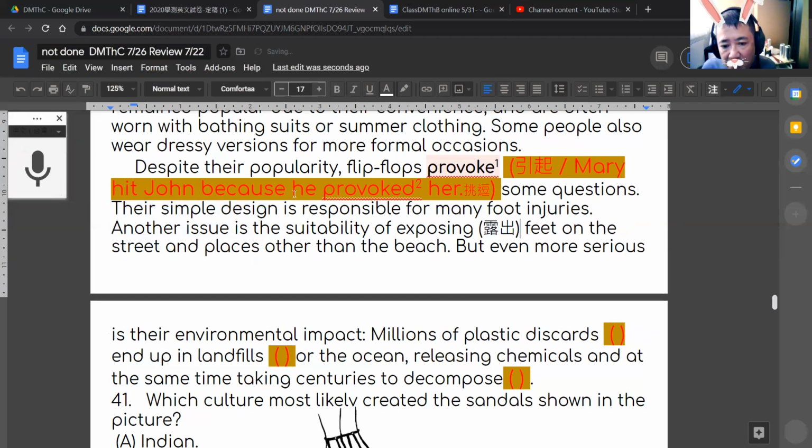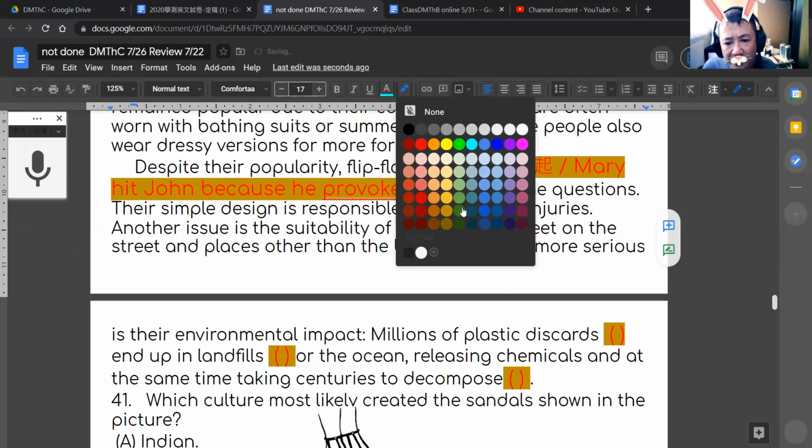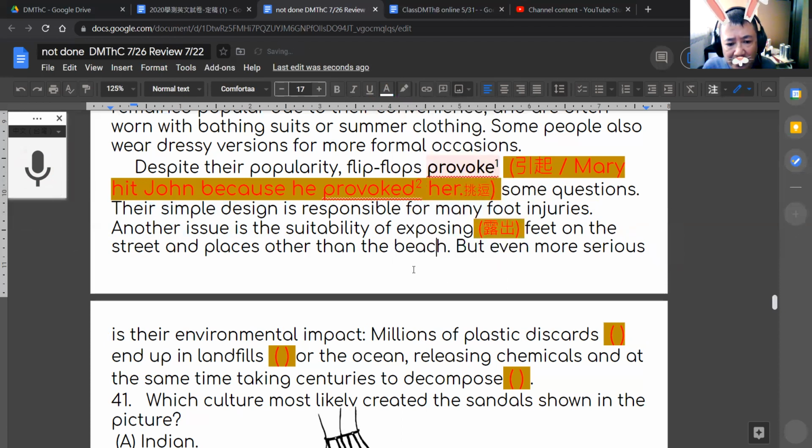So exposing your feet in other places, on the street and in other places, is, again, a safety issue and maybe there are some cultural issues too, right?